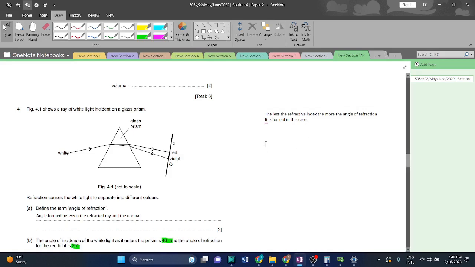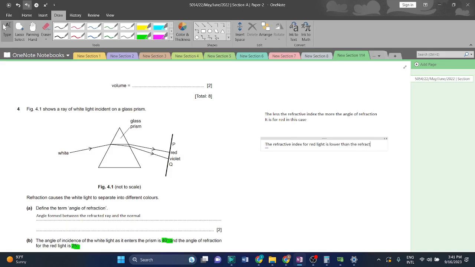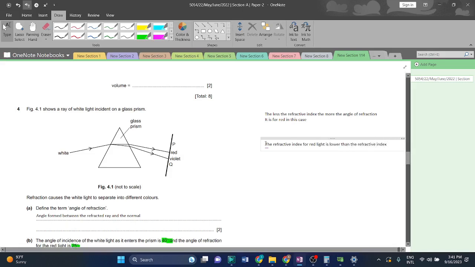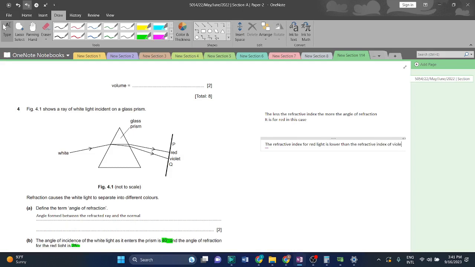Now I'm writing an entirely new answer. The refractive index for red light is lower than the refractive index of indigo, the other color, violet.